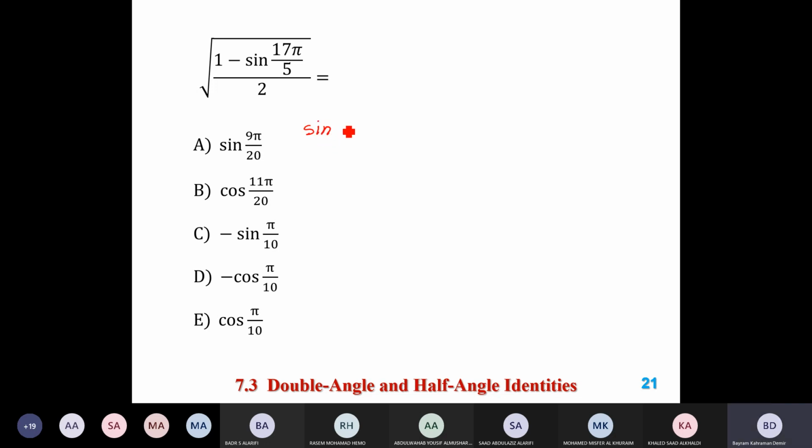Can you guys help me? What shall I do, Shabab? Cofunction. Shabab, before the cofunction, I need to simplify this 17 pi over 5, which is equal to 7 pi over 5.